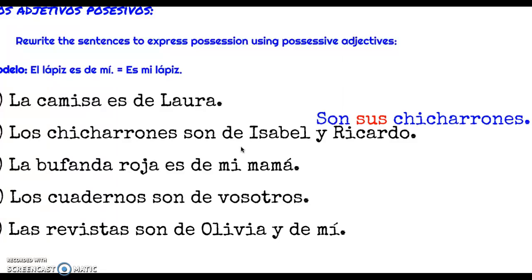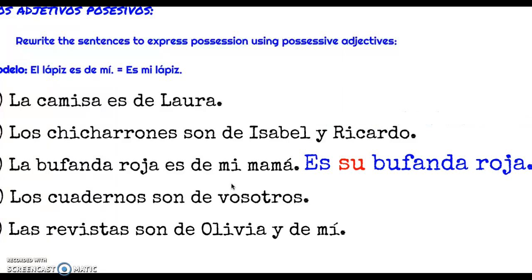"Son sus chicharrones." Número 3, "la bufanda roja es de mi mamá." So it's saying the red scarf is my mom's, and we want to say it's her scarf. So we're going to change it to "es su bufanda roja." Número 4, "los cuadernos son de vosotros." So we're saying the notebooks are yours, you plural.